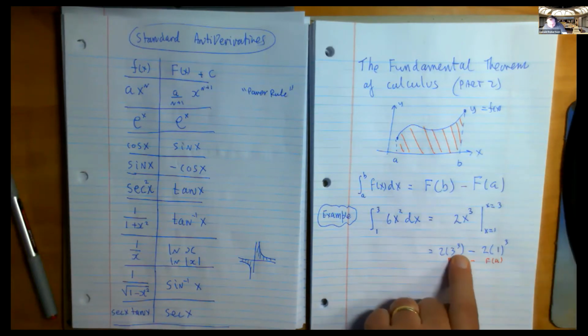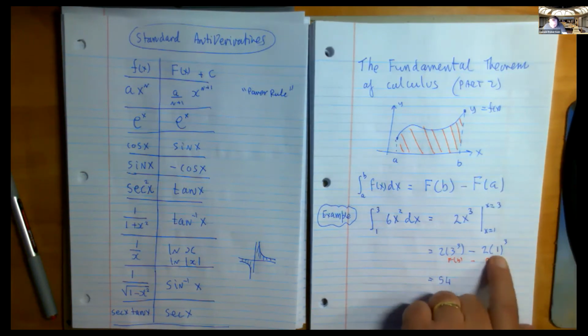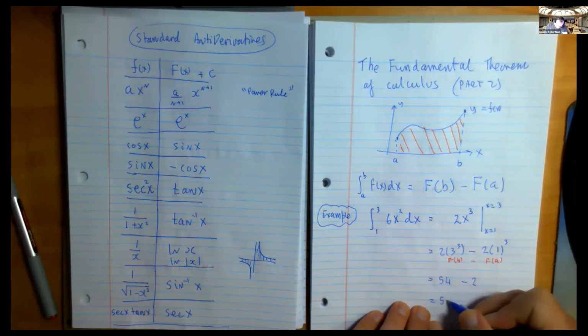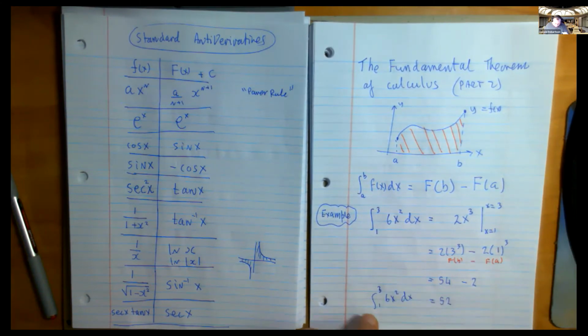3 cubed is 27, so 2 27s is 54. 1 cubed is still 1, take away 1. There is the answer, 52. I now know the area under the curve 6x squared from 1 to 3, and the answer is 52.